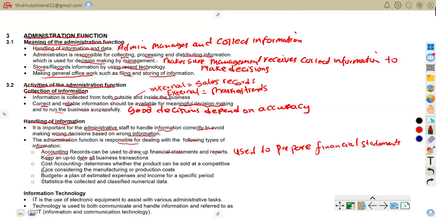Now coming to cost accounting. As it says, it determines whether the product can be sold at a competitive price, considering the manufacturing or production cost.